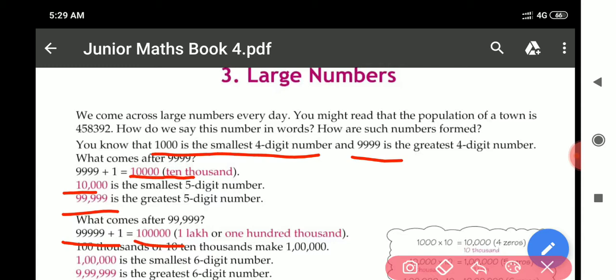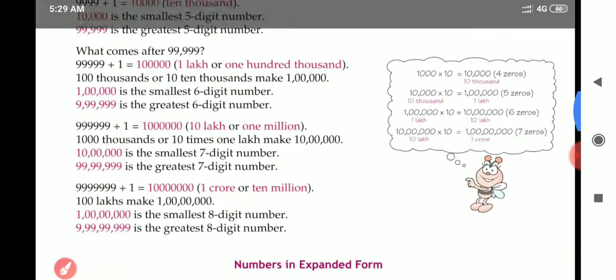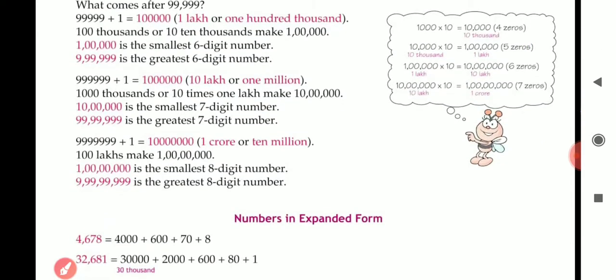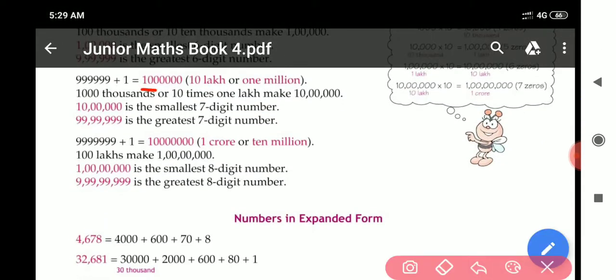See, it has 5 zeros. 1 lakh is the smallest 6-digit number and 9,99,999 is the greatest 6-digit number. If we add 1 to 9,99,999, then it will become 10 lakh, or we call it 1 million.